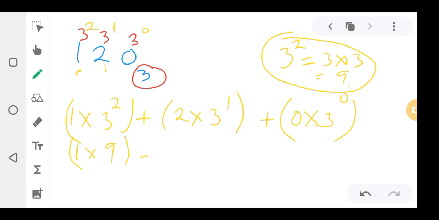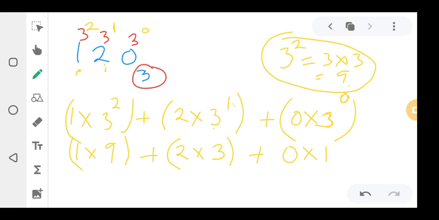Okay? Plus 2 times 3 to the power 1. Any number to the power 1 is itself. Plus 0 times 3 to the power 0. Any number to the power 0 is 1.